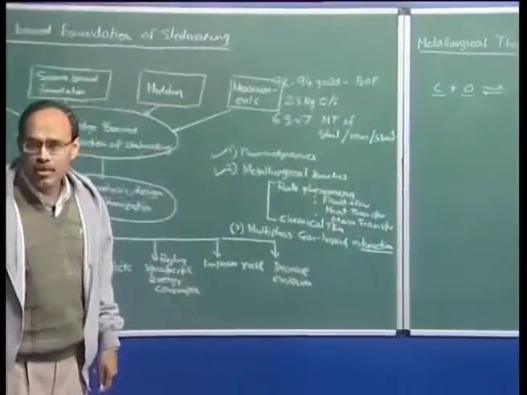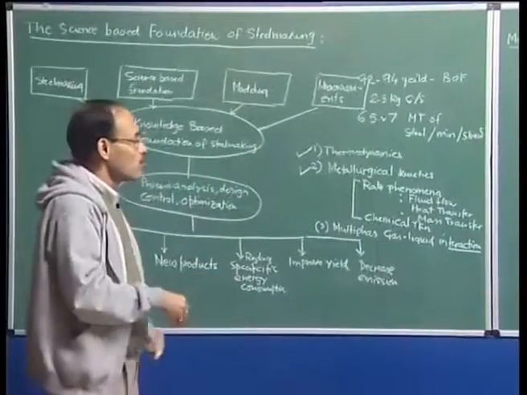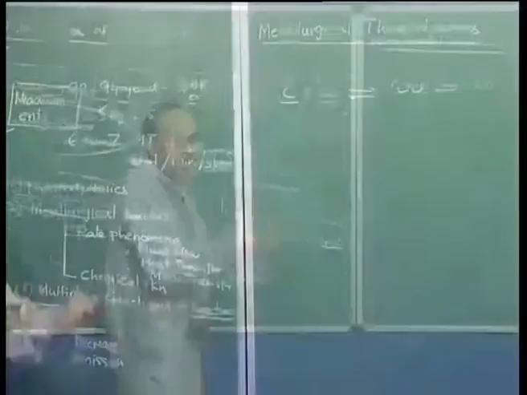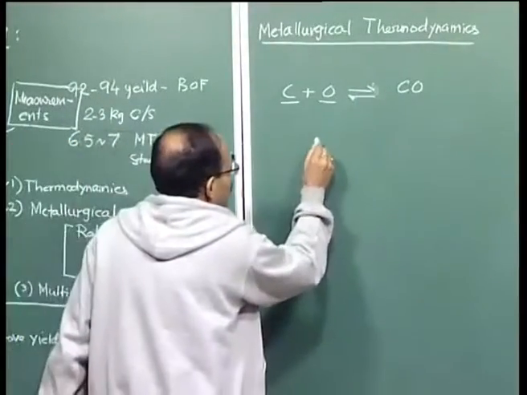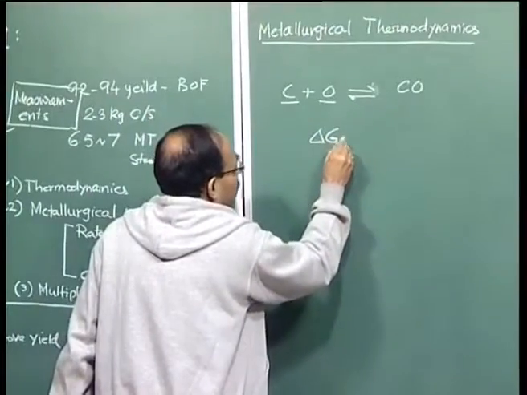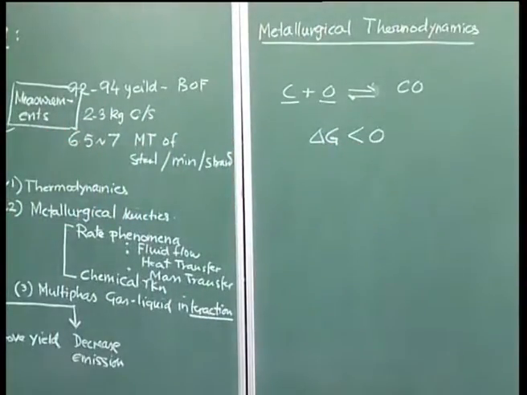Now, what is the condition for a process to go from the left, or a reactant to be converted into a product? In terms of a generalized statement, we can say that the free energy change is going to be less than 0 for the reaction.